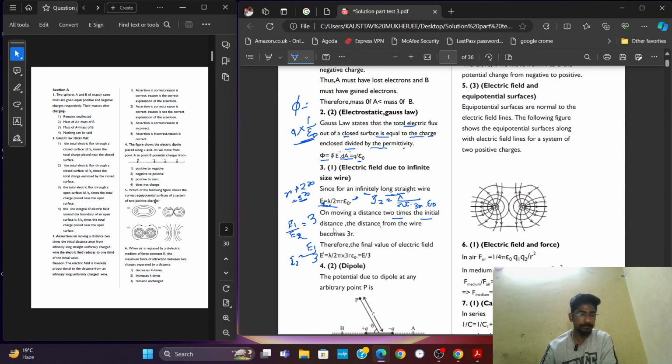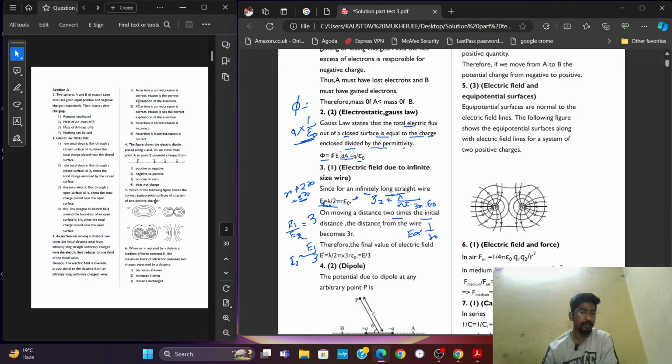Also, the electric field is inversely proportional to the distance, E is proportional to 1 by r. Here E equals lambda divided by 2 pi r epsilon. That means the electric field is inversely proportional to the distance. So therefore, the assertion is correct, and the reason is the correct explanation of the assertion. That means option 1 is correct.